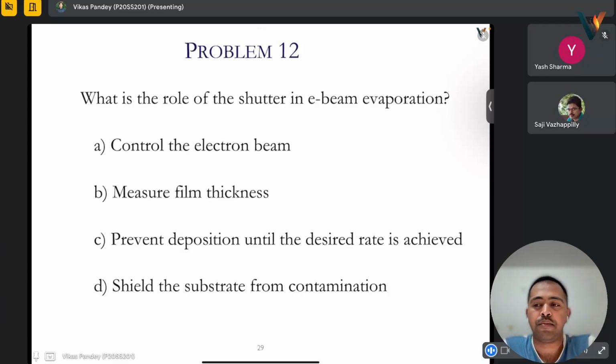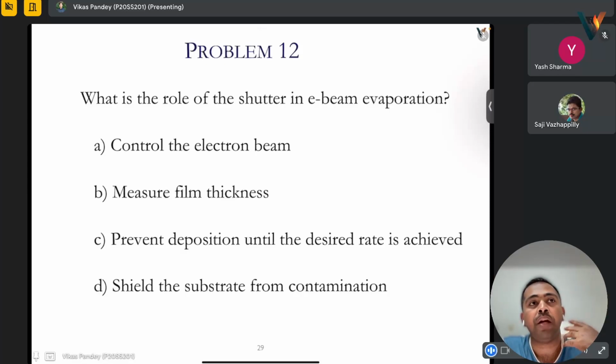Yes, any answers? Maybe C, prevent deposition until the desired rate is achieved. In fact, a shutter is provided in case of sputtering also, so that we wait till the correct rate is achieved.